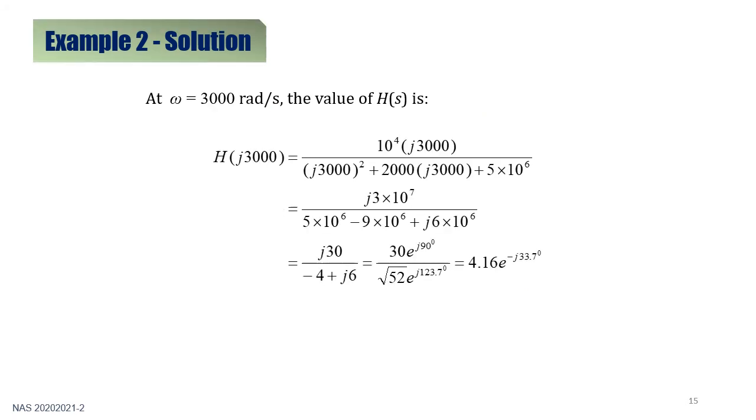Next, you need to repeat the same steps for omega equal to 3000 radian per second. The same equation, S being replaced by j omega. Now omega equals 3000 radian per second, and we get the value at omega equal to 3000 radian per second.